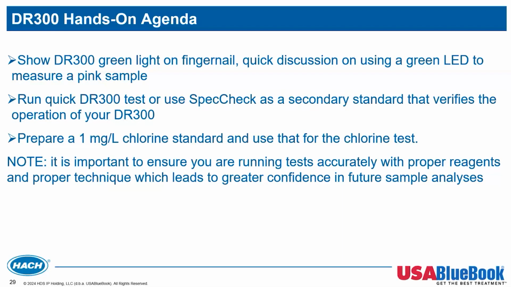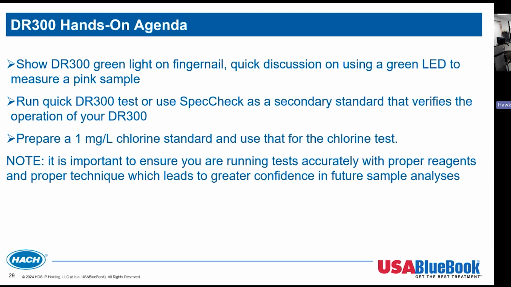What I want to talk about quickly next is that if you're ever wanting to verify the operation of your instrument, while these colorimeters don't require calibrations, they do require some verifications. If you are familiar with our DR300, you're probably also familiar with our SpecCheck standards. These come with a lot and expiration dates. These are secondary standards, so they're just to verify the operation of our instruments. They'll have a certificate of analysis here.